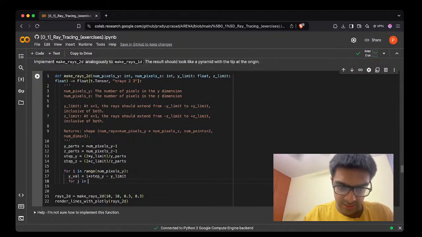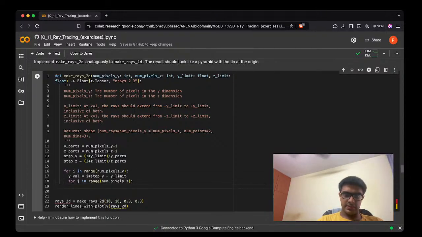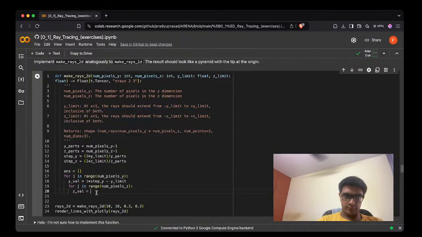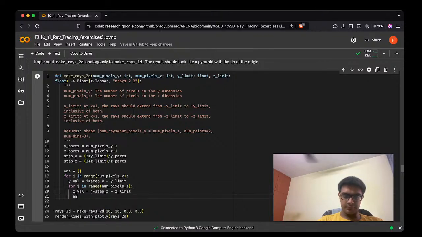For j in range num pixels z, z val equals j times step z minus z limit. Answer append 1 comma y val comma z val.